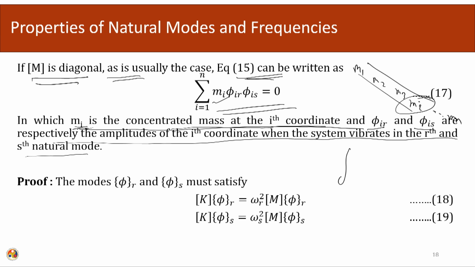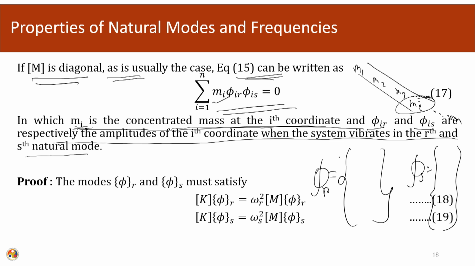It means that if we write down the mode shape for the rth mode, and if we write down the mode shape for the sth mode, then we will have a term corresponding to i. The system is vibrating in the rth mode, so there will be a mode shape corresponding to i.